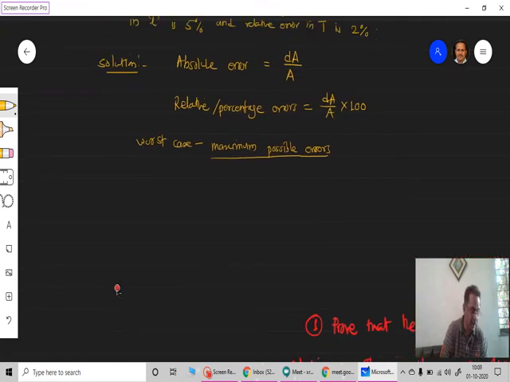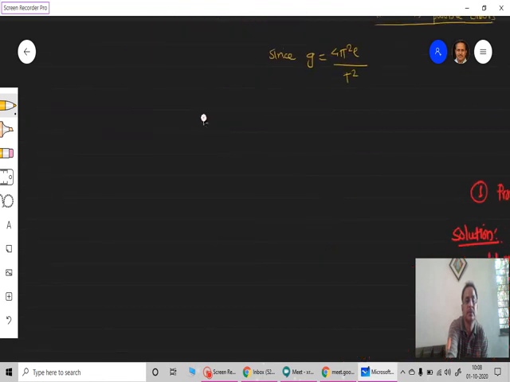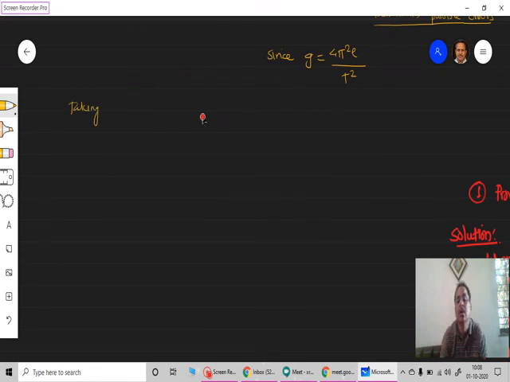Now since we have been given g is equal to 4 pi square into L upon T square. Now take log of both sides, as usual, as we have done earlier. Sir, is it T or T square? T square. We made a mistake writing it in the previous formula, sorry, this is T square.